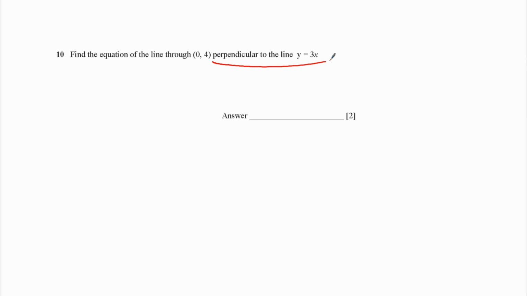When we say parallel or perpendicular, we need to look at the condition for parallel or perpendicular, and these relate to the gradient of a line. So y equals mx plus c is an equation of a line. This is the gradient or slope, and this is the y-intercept.